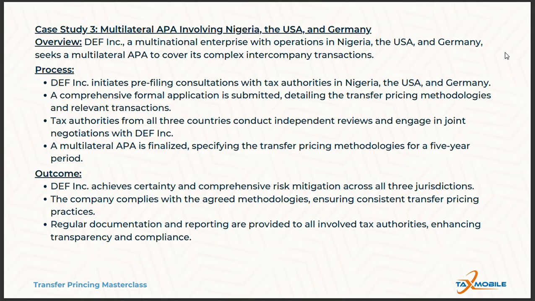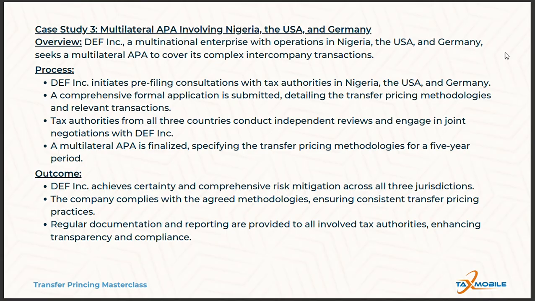Now, the process is still the same. Initiate pre-filing consultation with the tax authorities in all the three tax jurisdictions, that is the US, Nigeria, and Germany. Then once that pre-filing consultation is initiated, it submits a comprehensive advanced pricing application, which is then reviewed and agreed or negotiated by the tax authorities involved.